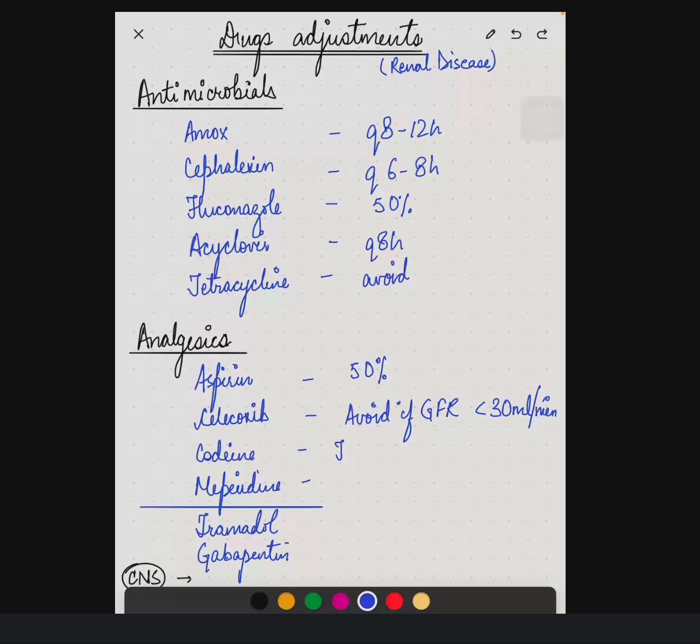Codeine dose should be 75%, and meperidine is also 75%. And these are given in an interval of 6 to 12 hours. And gabapentin dose is reduced too. So these are the adjustments that are made.